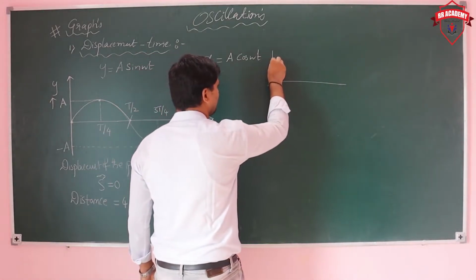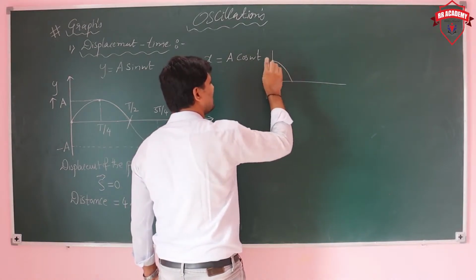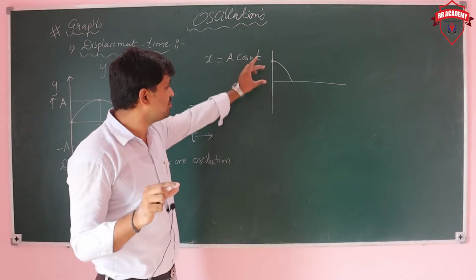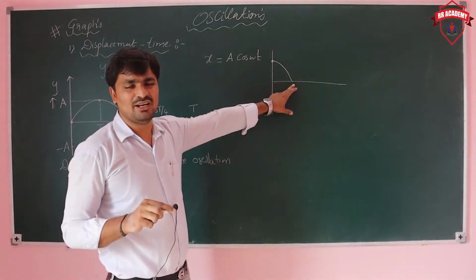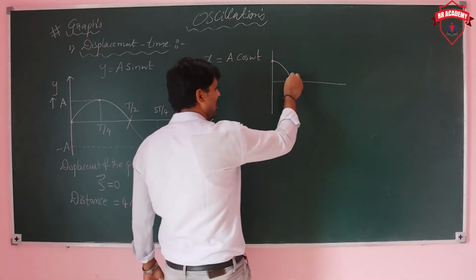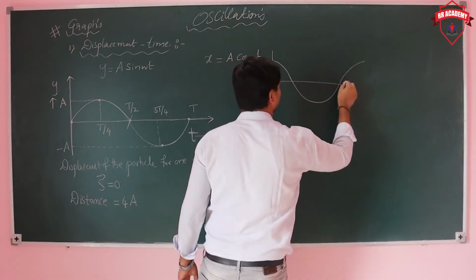So that is the difference you can observe. This is the extreme position. The particle starts from extreme, at extreme position maximum amplitude. And then at mean position, minimum displacement 0. And then it comes like this, and then goes like this.